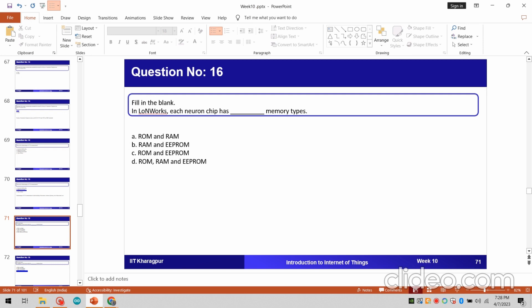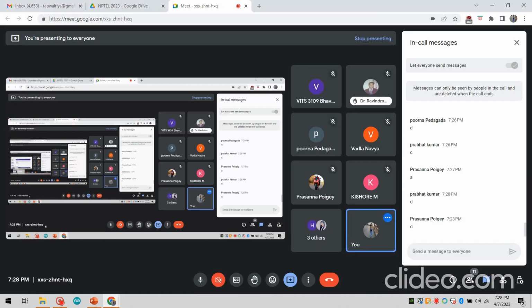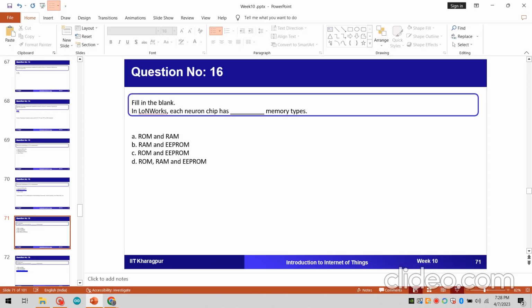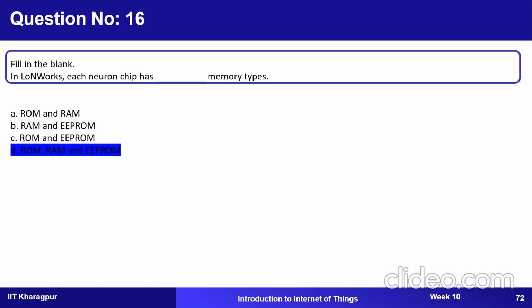Options are ROM and RAM, RAM and EEPROM, ROM and EEPROM, ROM, RAM and EEPROM. D. So the correct option for this is D. So all these three types, that is your ROM, RAM and EEPROM, are there in your neuron chip.